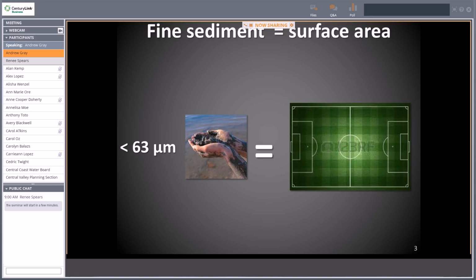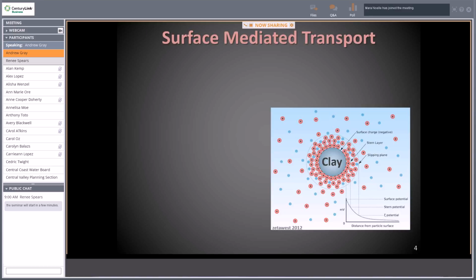Fine suspended sediment is important for a number of reasons, including the fact that it really represents most of the surface area of solid material that's moving through fluvial systems. And that surface area has a number of implications, particularly when it's modified or augmented by the fact that a lot of that surface area is charged.